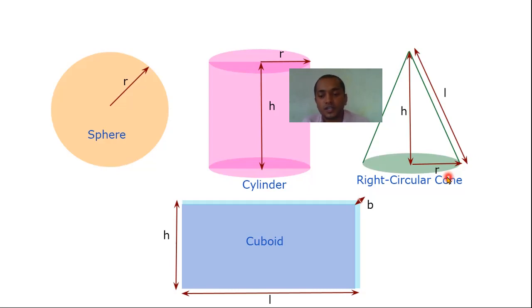The curved surface area of a right circular cone is pi r l, and the volume is 1/3 of pi r square h. In the case of cuboid, the surface area is twice LB plus BH plus LH, and the volume is LBH. In the case of cube, the surface area is 6 side square, and the volume is side cube, meaning S cube.